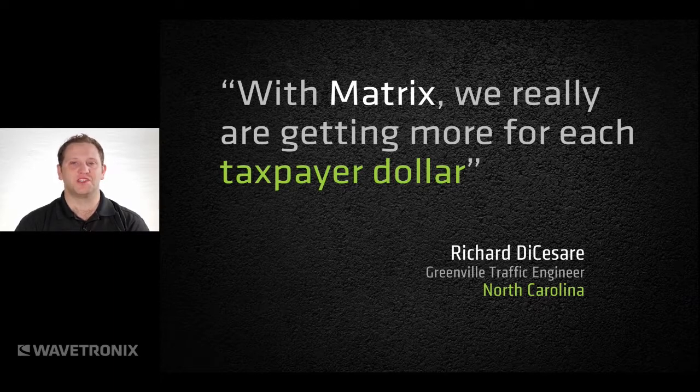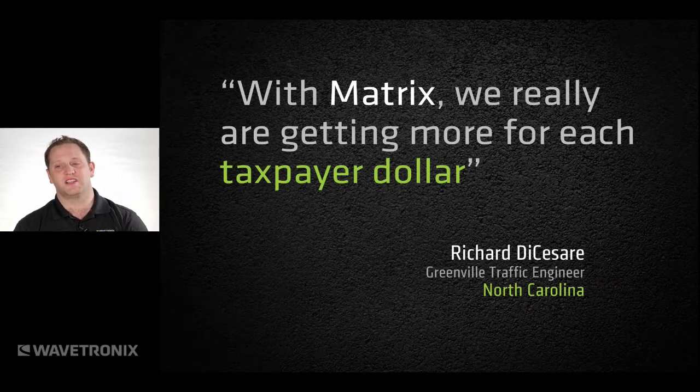With the Matrix, we really are getting more for each taxpayer dollar by leveraging the safety and mobility, data collection, and cost and time-saving benefits it provides. So not only is Greenville saving money on maintenance, but they're starting to see how the SmartSensor Matrix can help bring improvements to safety, mobility, data collection, and more.